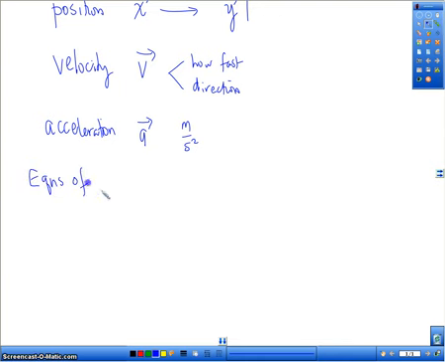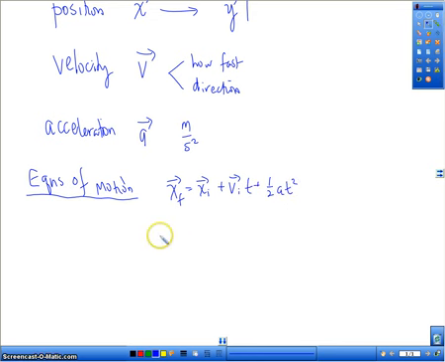These come in lots of different forms, but I'm going to use the forms that are probably most common. The first equation says the final position is equal to the initial position plus v initial times time plus 1/2 a t squared. So that's one of your equations of motion.